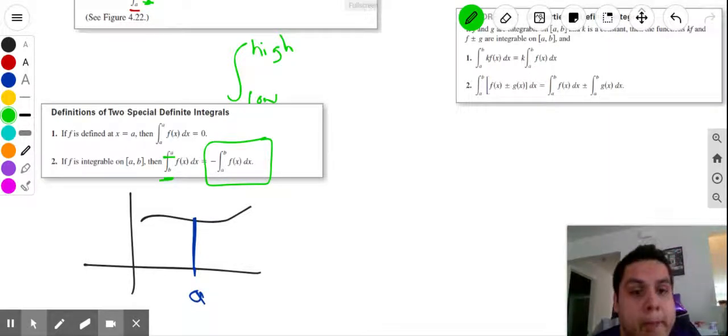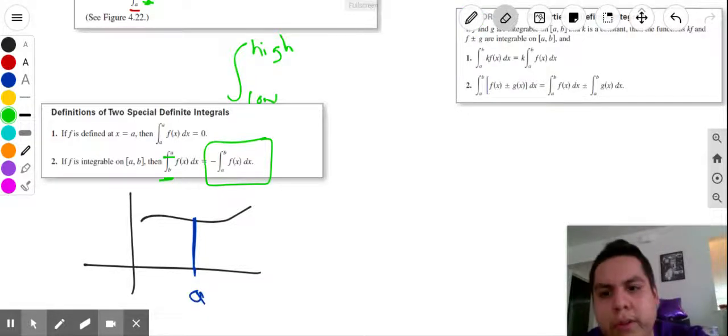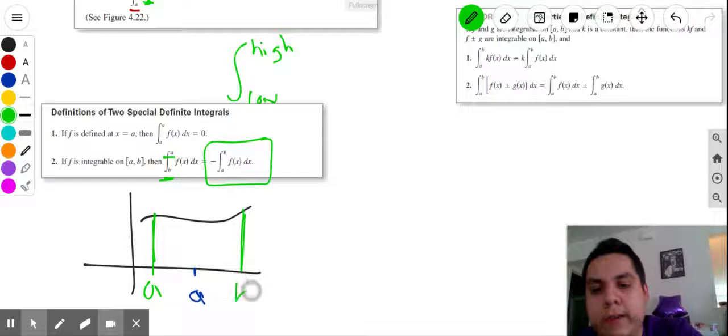Okay? Because if you think about it with respect to, let's say it was a velocity function, actually, yeah, let's do that real quick. So let's say we're using the same graph, but now it's a velocity function, right? So now this is a, and now this is b.